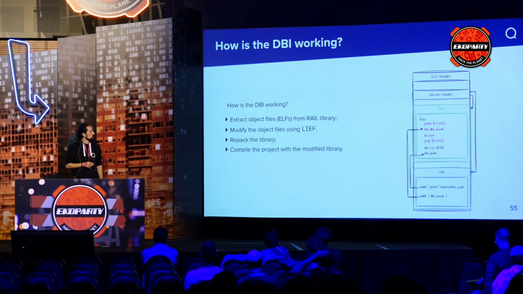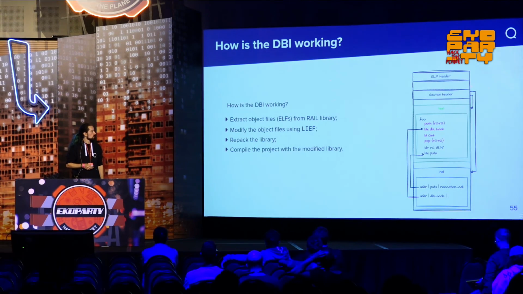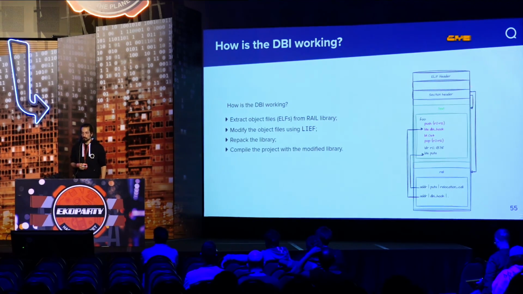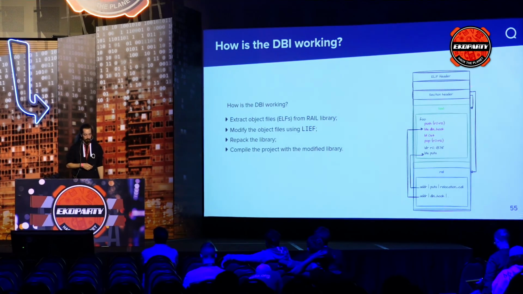So couldn't you just override the pointer to your hook instead of the original function, instead of overwriting the function with instructions? Yeah, that's the first thing we did, and it didn't work because it was not supported by the library we were using. The LEAF library just crashed if you tried to do so. So I ended up with this approach, which at least works. Okay, thanks.